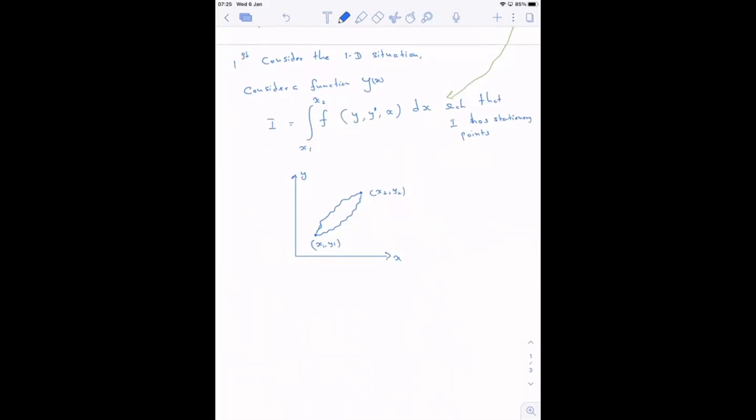Now there are two trajectories here that I have drawn in the diagram. So let me consider these two neighboring trajectories and explain this.